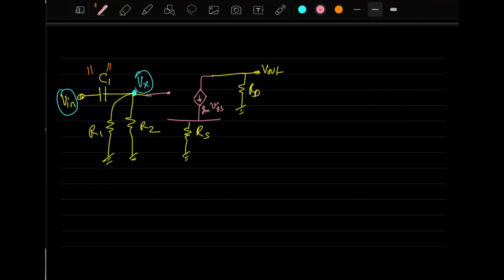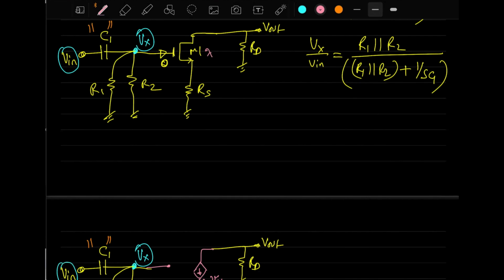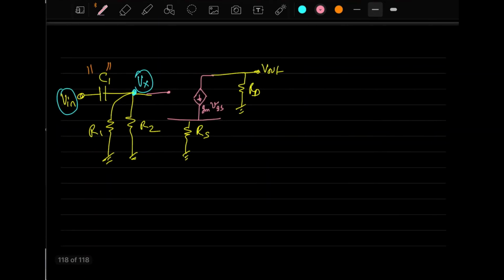And I am assuming right now that your lambda is 0 here. So you can replace it by a small signal equivalent, which is this side, and this is your VGS. If this is the situation, then I think it is easy for you to write the equations for your VGS, and it's not that tough.